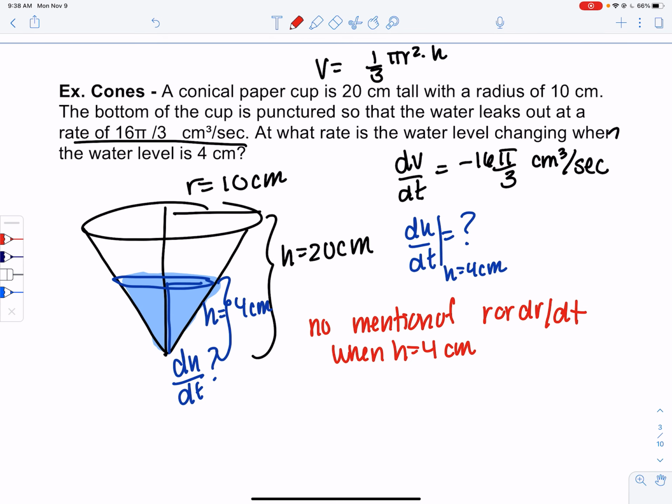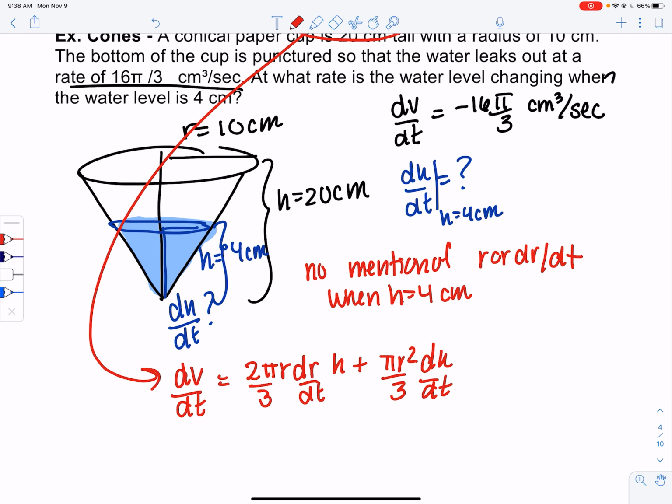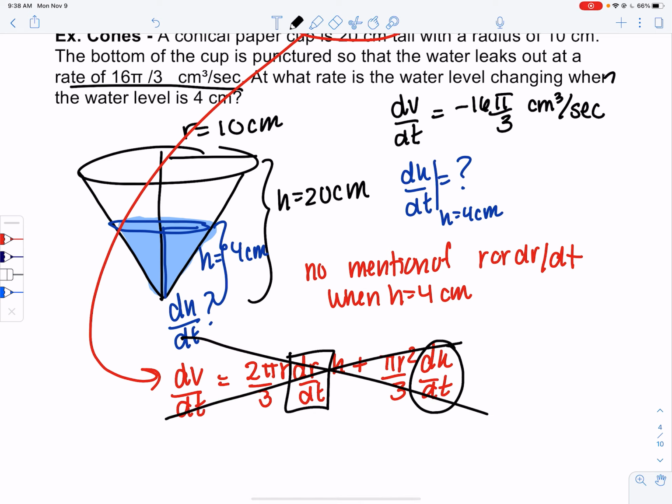So if I were to try to differentiate the volume with respect to time with the original equation, let's say it's 2 pi r over 3 dr/dt times h plus, and then just product rule here, pi r squared over 3 dh/dt, and I try to plug in everything I know, there's no way I can solve for dh/dt if I don't know what dr/dt is, and that's not given. I'm not given dr/dt, so I can't do this.